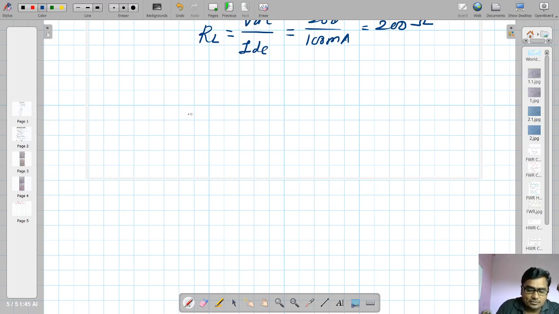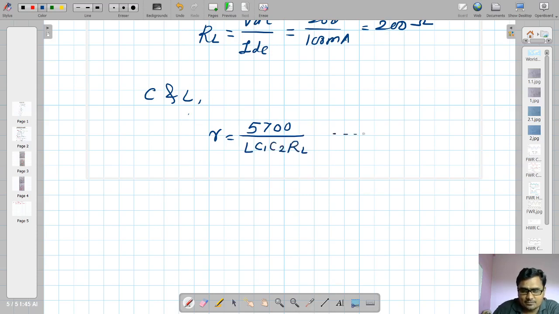To calculate the values of capacitor and inductor, C and L, the option is the ripple factor equation. What is the equation of ripple factor? See, I'm using the approximate equation: ripple factor equals 5700 divided by L times C1 times C2 times RL.